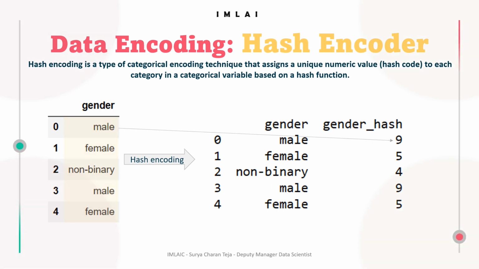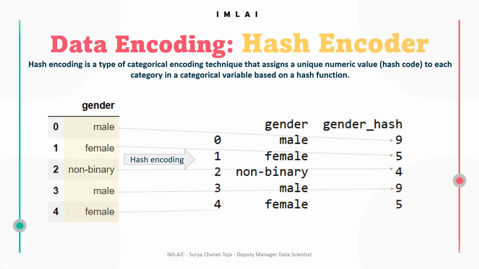Non-binary will take a hash encoded value of 4, female will take a hash encoded value of 5, and whenever male comes it will take 9. This is how each category of gender will be hash coded using the hash encoder method.